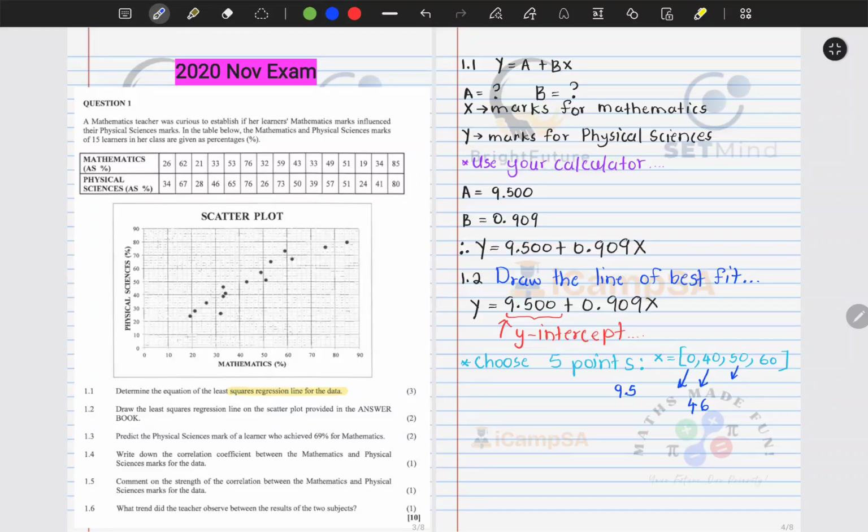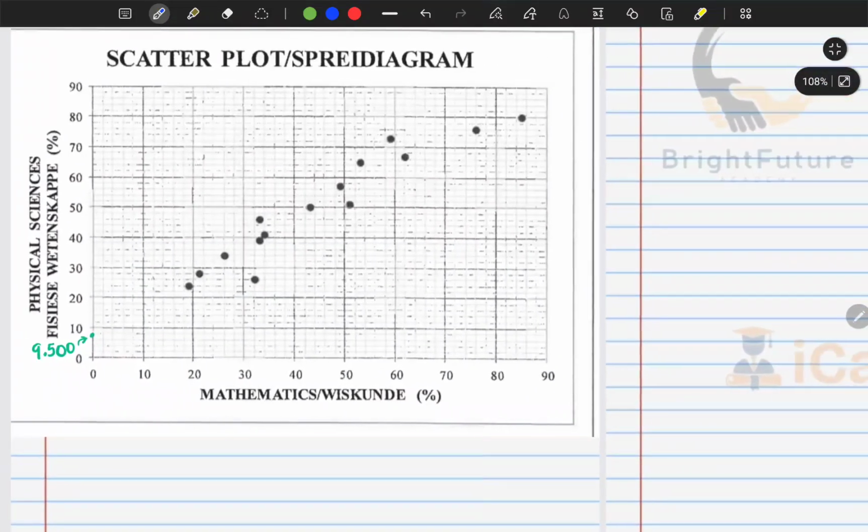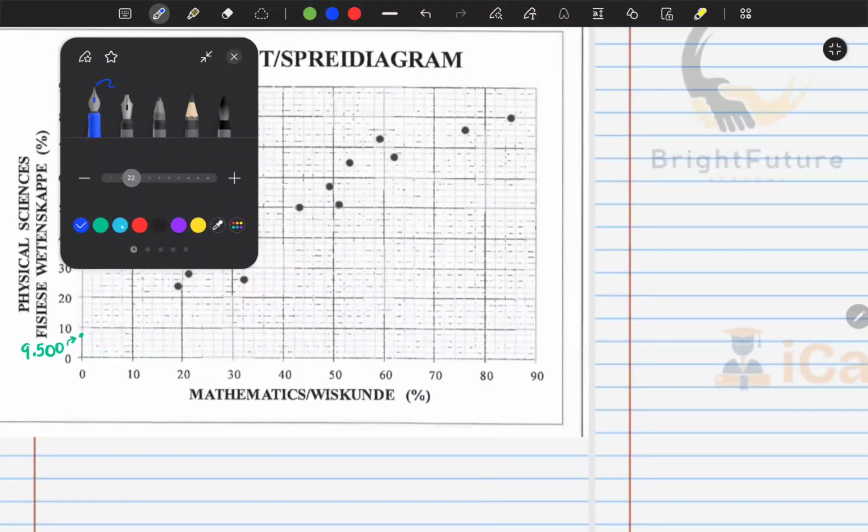And then at 50, when you punch in, you'll see that the corresponding y value will be 55. Okay, and then we can go to 60, you'll see that the corresponding y value will be 64. So all you need to do is to just try and match some of these, and then you just draw a straight line between them.